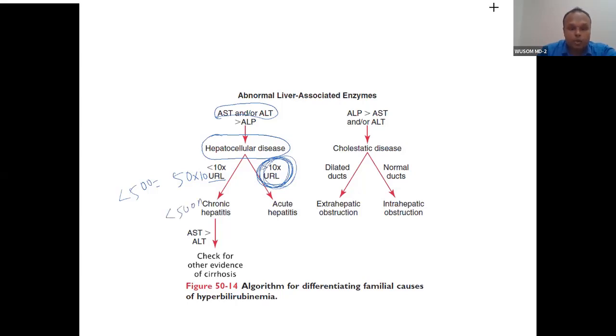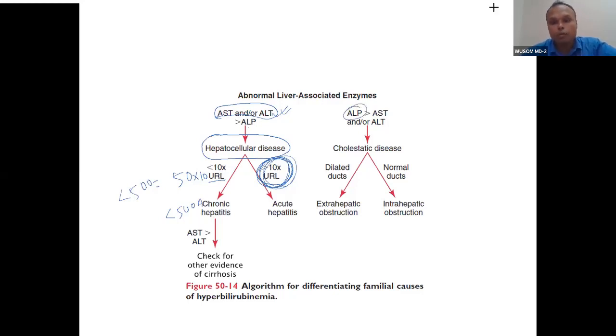So you can understand, in hepatic jaundice you focus on ALT, AST more than ALP, because ALP will also be raised. Why is ALP raised? Because of micro obstruction. ALP will also be raised, but we focus on ALT and AST in hepatocellular jaundice. In cholestatic jaundice, we focus more on ALP.